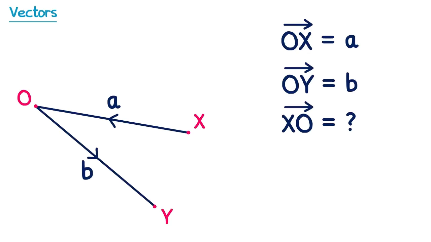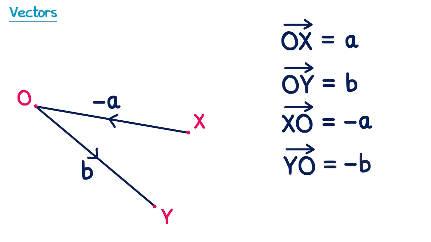So where this vector was actually positive A, it will now be negative A. So the vector from X to O would be negative A. In a really similar way, the vector going from Y to O goes in the opposite direction of that arrow, so instead of B, it will be negative B.